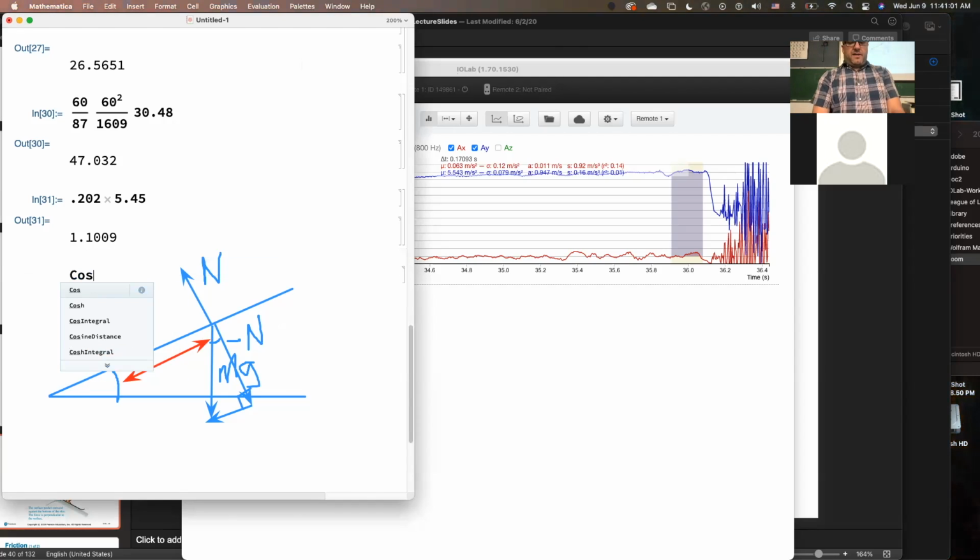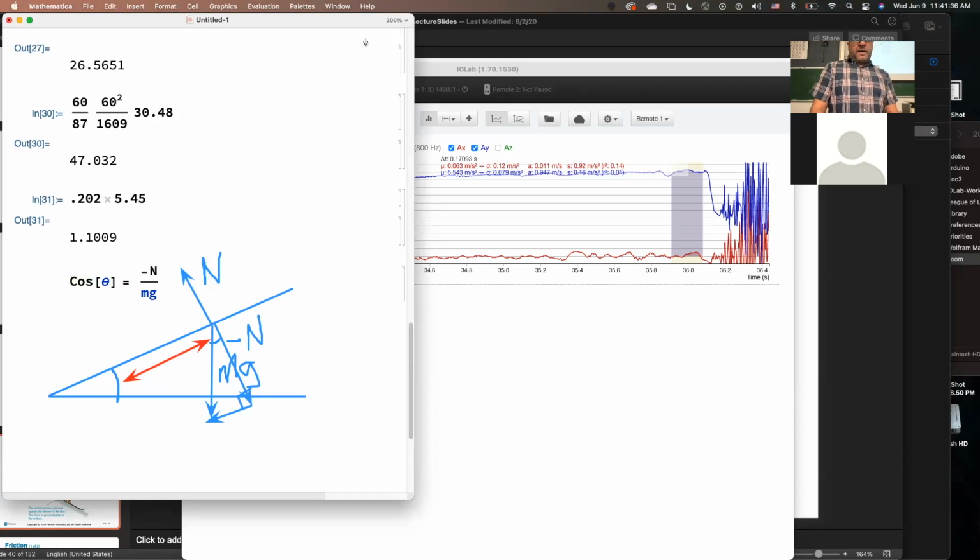So cosine of theta equals negative normal force over mass times gravity. Yes, that is right. Because we know what our normal force was, we got that from our sensor. So now we can get the angle, and we know what m times g is.